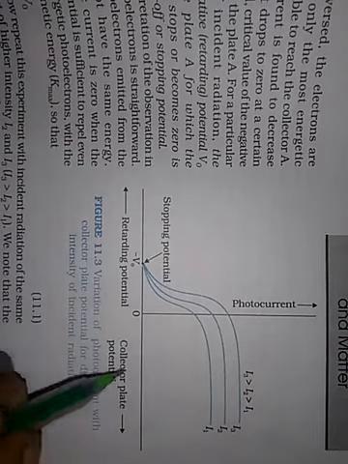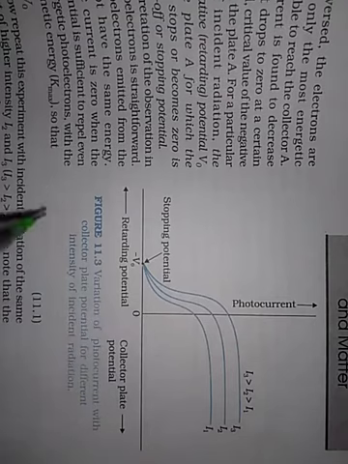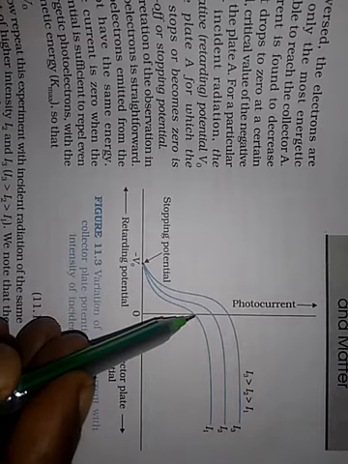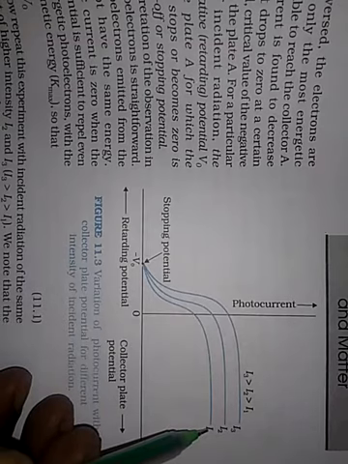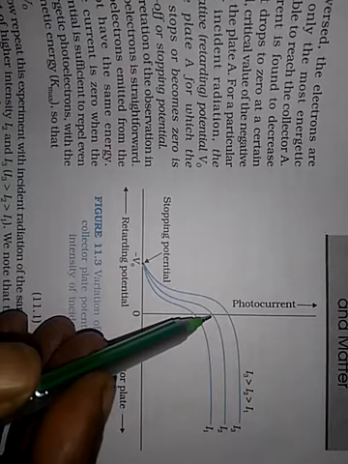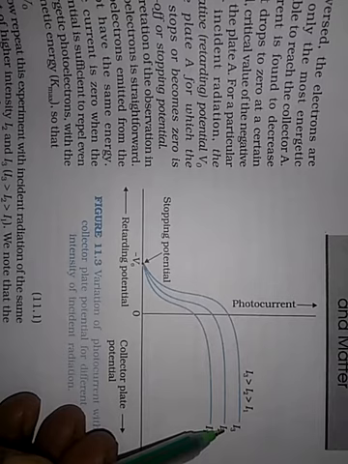When the voltage is 0 between anode and cathode, there will be some photocurrent because of the light source with intensity 1. The photocurrent is slightly increased if the intensity also increases.